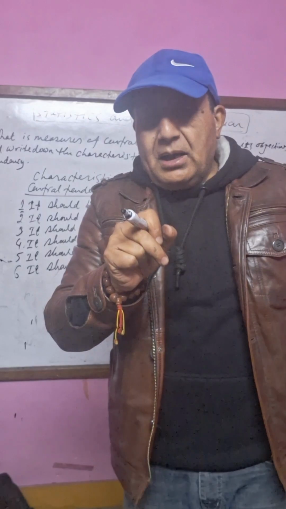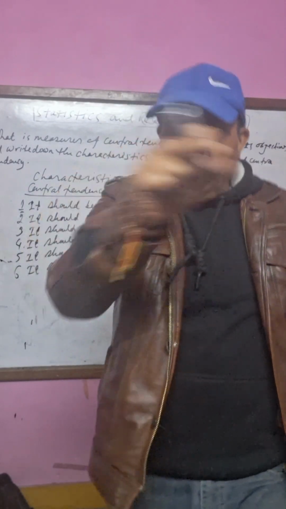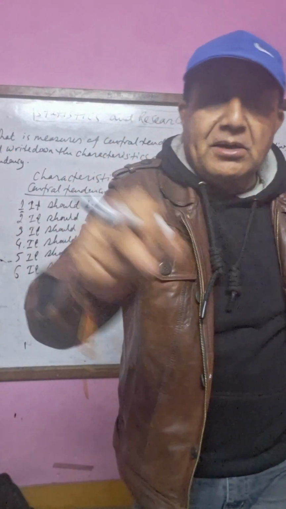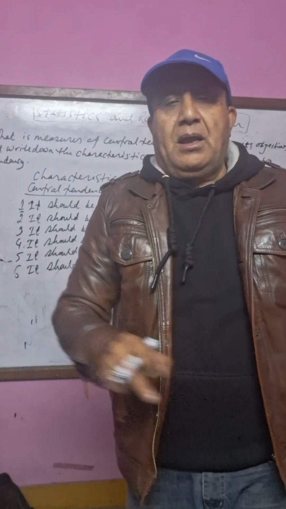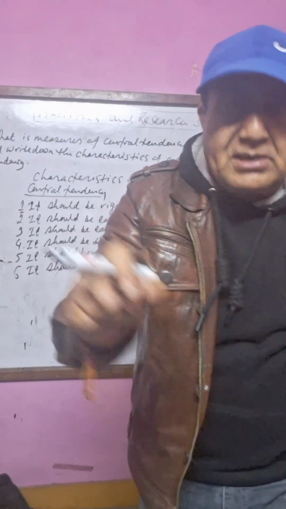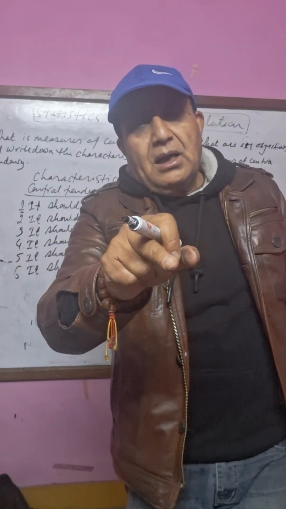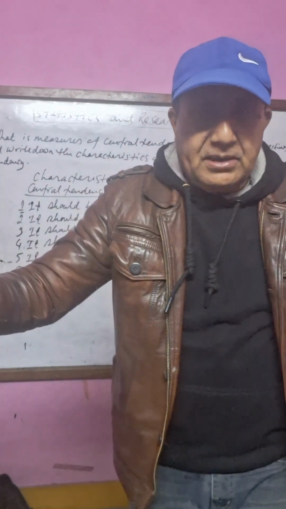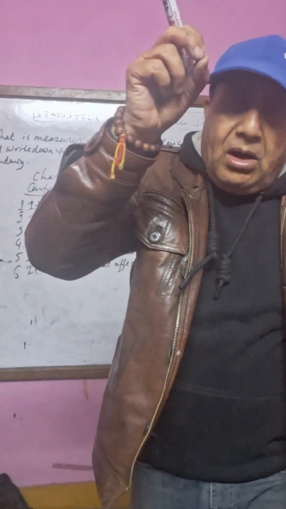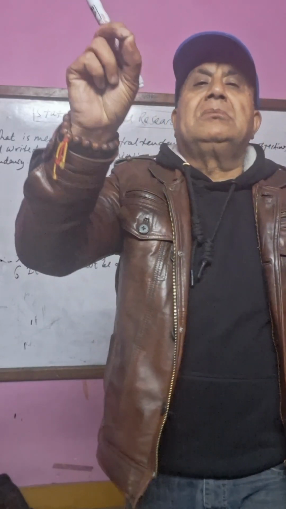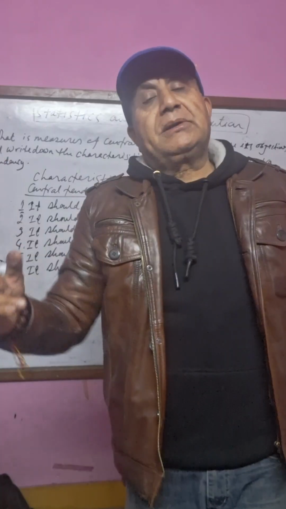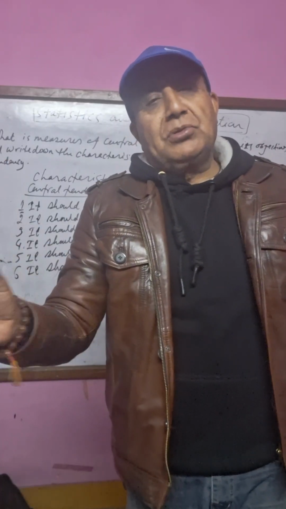If an extreme item changes and the value of the average changes, it means it is affected by the extreme item. If the extreme item changes and the value of the average does not change, then it is not affected. Okay? So if only one extreme item changes and the value of the average changes, it is not a good average.